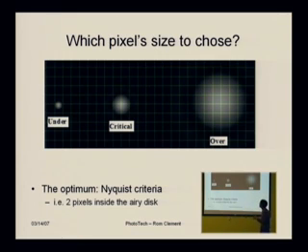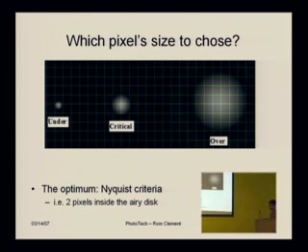And of course, we don't want to be under or oversampled, because if I'm undersampled, it just means that I have a very, very good optical system, and I'm not using the appropriate sensor or CCD. I could get a lot more information and a lot more resolution if I was using a CCD with smaller pixels.